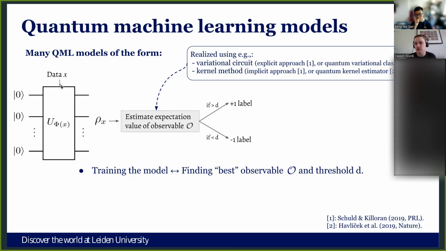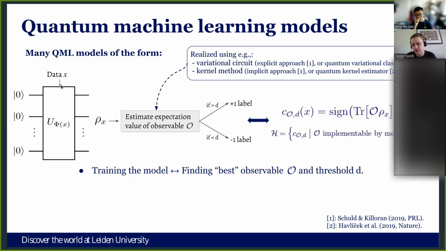But these observables, since they're implemented in a certain way, come from a certain family, which in statistical learning theory is denoted as a hypothesis class or a concept class. In this case, it's really a hypothesis class, which is basically a bunch of functions implementable by the model, which are indexed by the observable O and the threshold D, and which compute the sign of this trace.